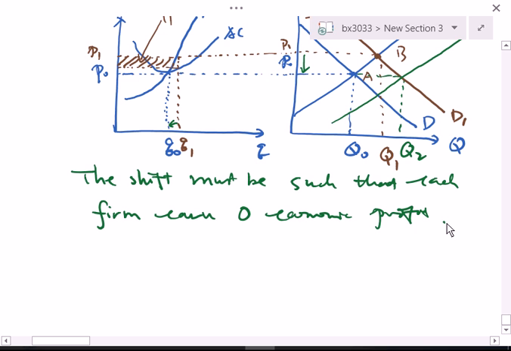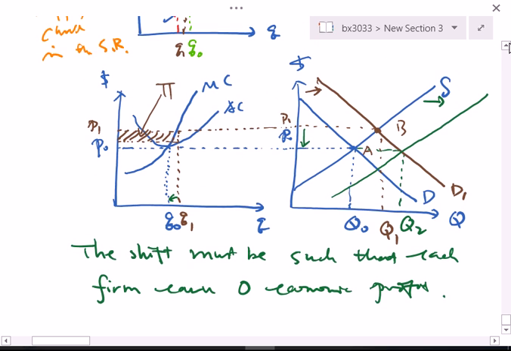Okay. So this is what happens in the short run and the long run.